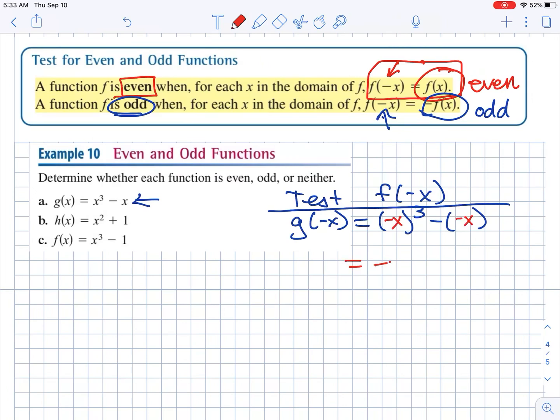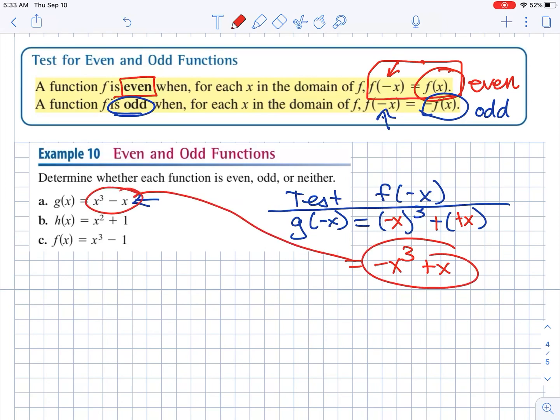So negative x cubed stays negative x, and negative times negative is a positive. Now let's compare this to the original function. Are these the same or are they different? They're definitely not the same, so it's not even. If it's exactly opposite of this, then it's odd, which it is because it's the opposite of positive x cubed and the opposite of negative x. So we call this an odd function.